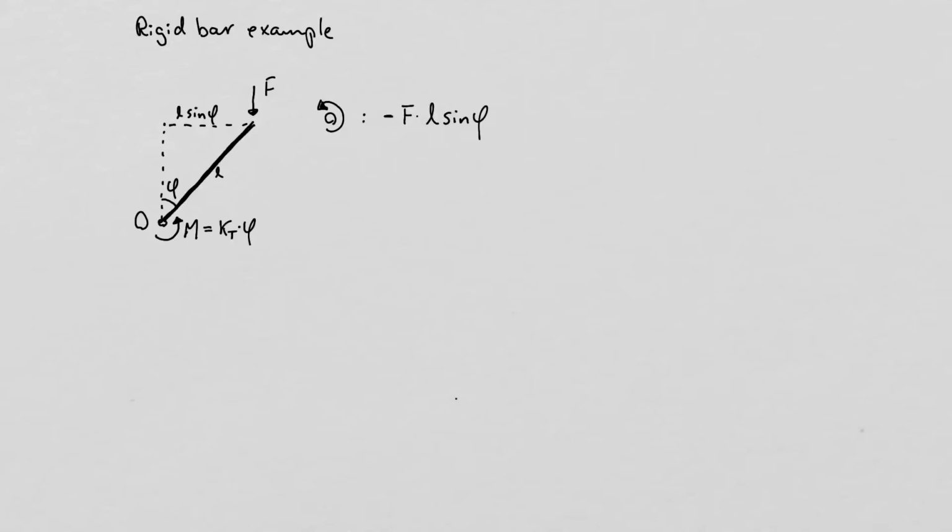Then we have the moment in the moment spring. So these are the only two external moments on the system. So if this should be an equilibrium position, these two moments need to match.